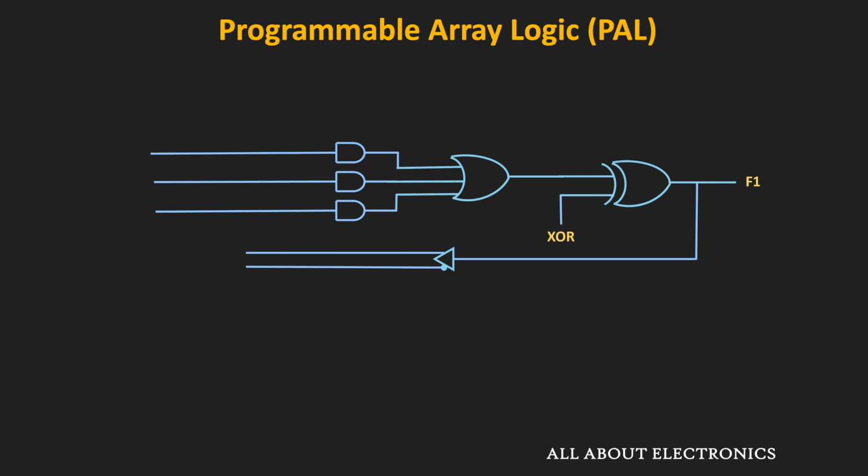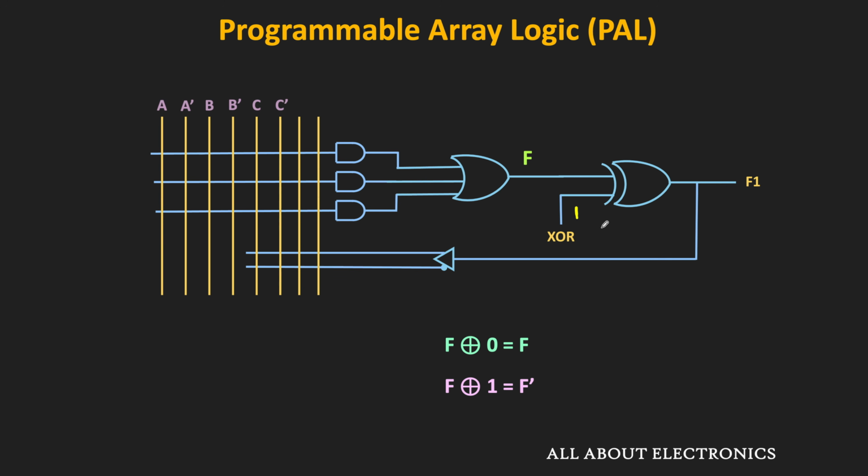So let's say the output of this OR gate is equal to F. So whenever one of the inputs to the XOR gate is equal to 0, then the output of this XOR gate, or this F1, will be equal to F. And whenever this input is equal to 1, then this F1 will be equal to F dash. So in this way, using the XOR gate, it is possible to generate the output both in the true form as well as the complemented form. So this XOR gate is typically part of this output macrocell. And of course, these are the inputs for the AND gate array.